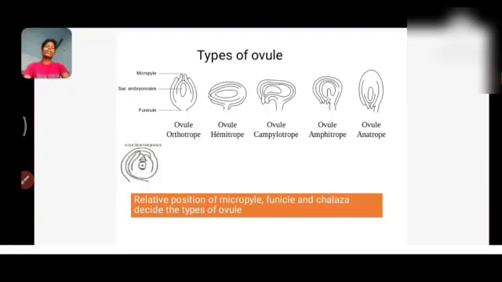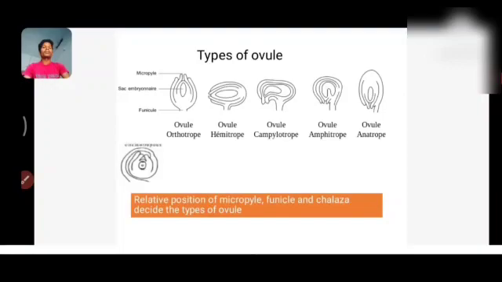And fourth one is the amphitropous ovule. In this type, the body of the ovule becomes curved and looks like an anatropous ovule. But the difference is that the embryo sac also gets curved, and it gets a horseshoe shaped structure.